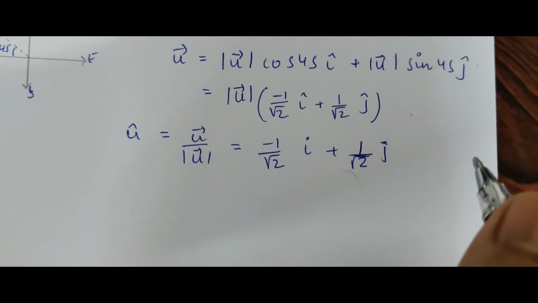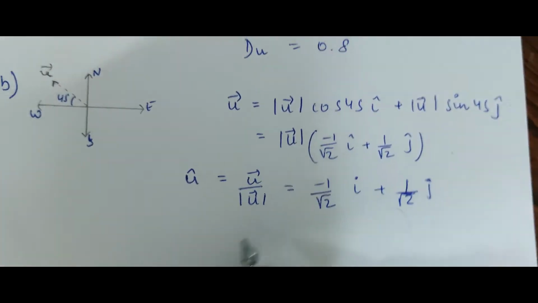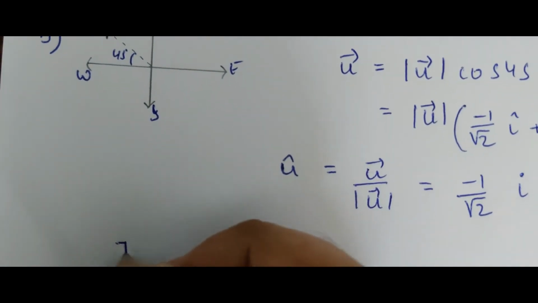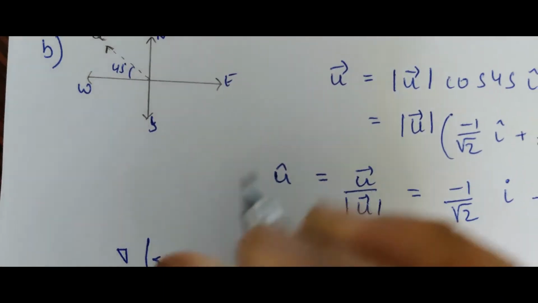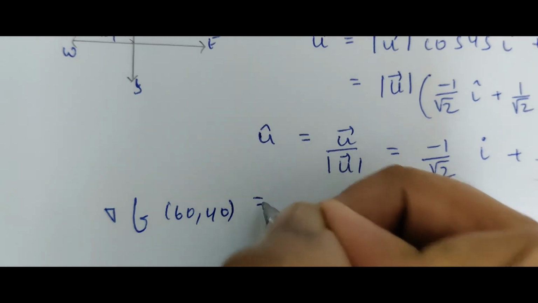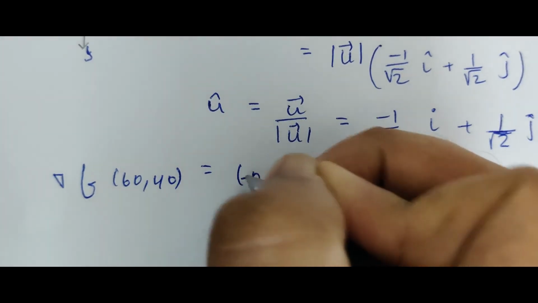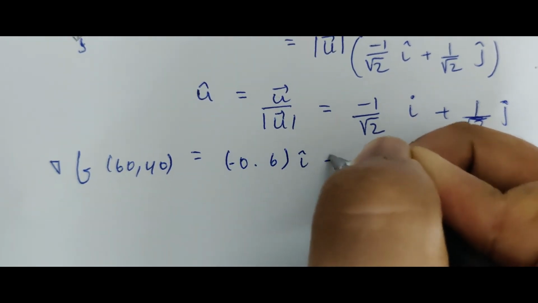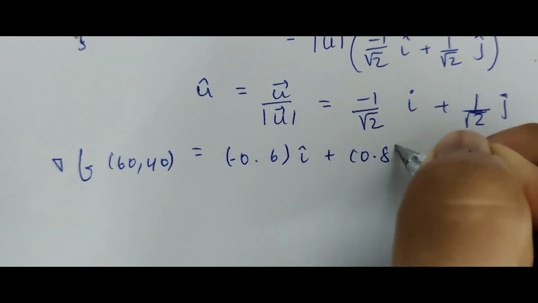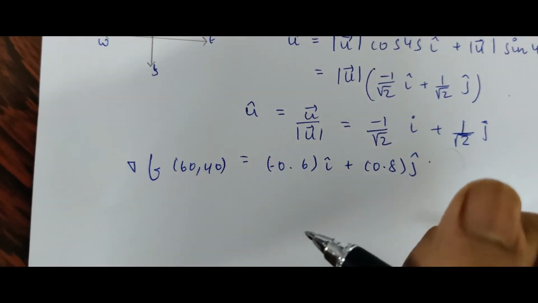Now we'll consider the gradient of the function which was given initially. At the point 60, 40, it is negative 0.6 i cap plus 0.8 j cap. Now we'll take the directional derivative.